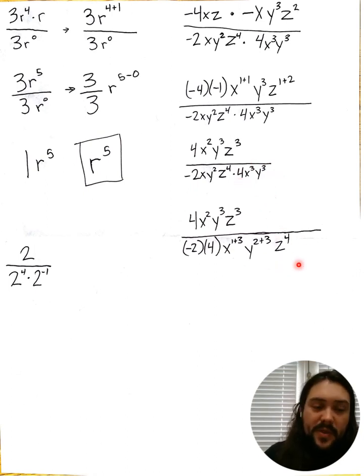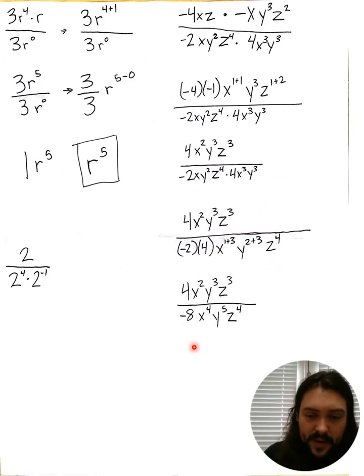We have z to the 4th. We have 4x squared, y cubed, z cubed. That stays the same from our simplified numerator. Then the denominator simplifies to -8. We have x to the 4th, y to the 5th, and z to the 4th.